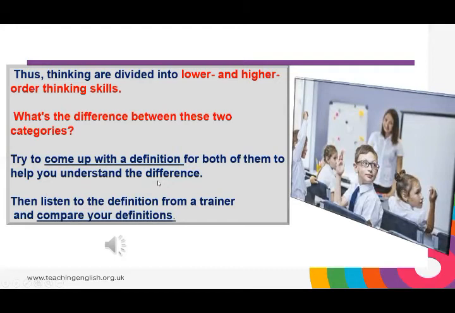Okay, so let's move to the difference between the lower and higher order thinking skills. Listen to the definition at first, and then we will discuss more about them. So listen carefully.